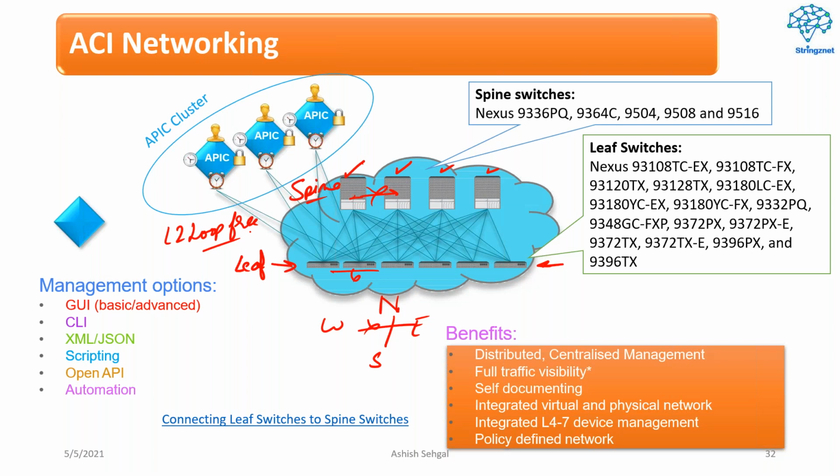Now, in case of ACI, topology-wise, it is the same. But in order to configure these switches, the spine switches and the leaf switches, we do not individually log in into them, but we configure them with the help of a device called the controller, the Application Policy Infrastructure Controller, which in a production environment is normally placed in a cluster with a minimum of 3 nodes.